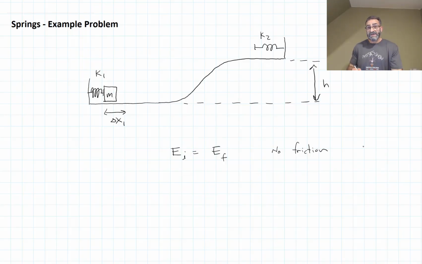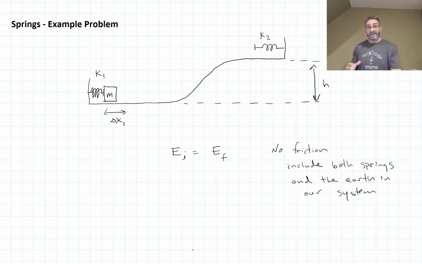Now we would also want to include the earth and both springs in our system. The reason we include them in the system is so we can use potential energy. Potential energy is how we account for transfers of energy within our system. If the earth is not part of our system, we cannot use gravitational potential energy.